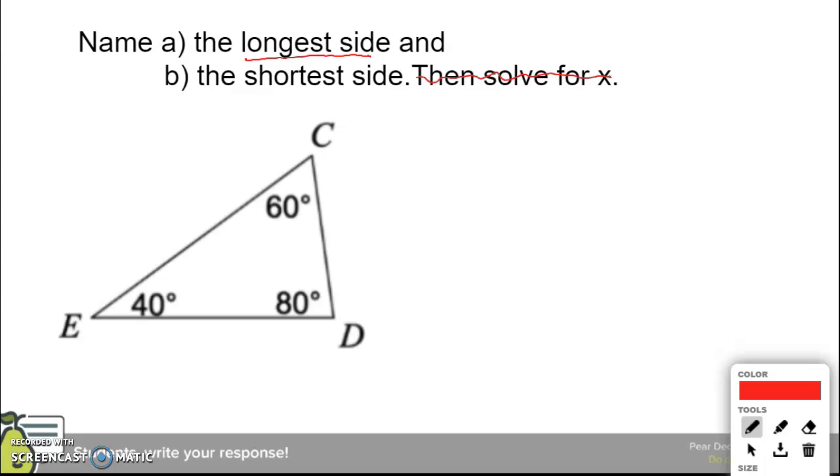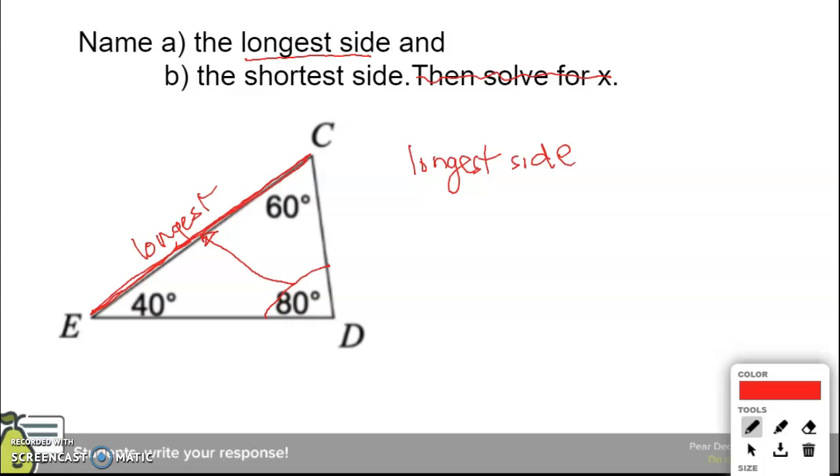Find your largest angle, which is the 80 degrees, and the side across from it is my longer side. We're referring to this side of the triangle. What notation can we use? It's going from vertex E to vertex C, so we use 2 letters, EC. That refers to the side length.